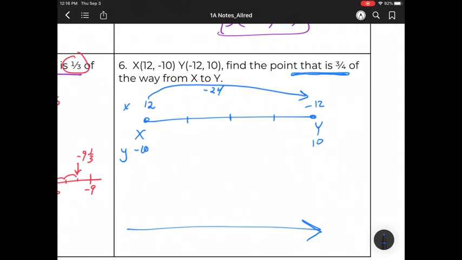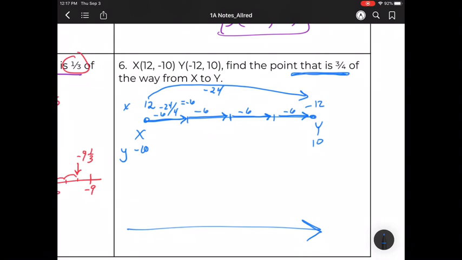Well, I'm going to take that total length of minus 24 and I'm going to split it into fourths. Negative 24 divided by 4 is negative 6. So each segment here, each fourth of my segment, is minus 6, minus 6, minus 6, minus 6. Okay?